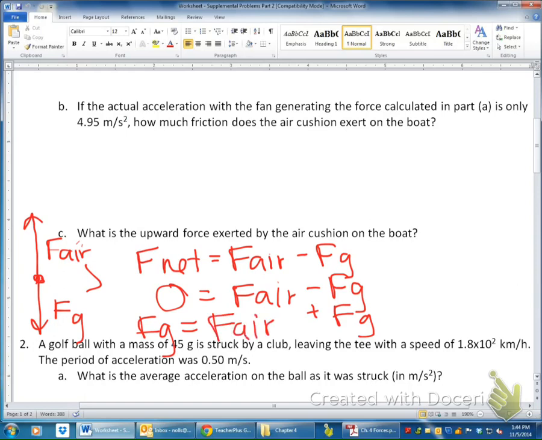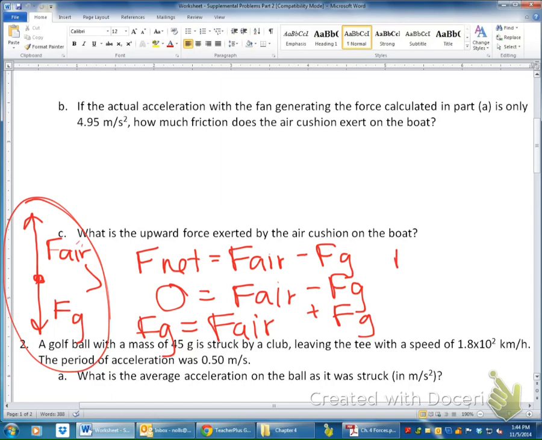Okay, and you guys just told me that since we know those two are equal, I just showed you the math to prove it. Does that part make sense? You guys told me that Fg has to equal F air just by your free body diagram. You knew that. But this net equation will prove it. Okay. So let me get rid of this.